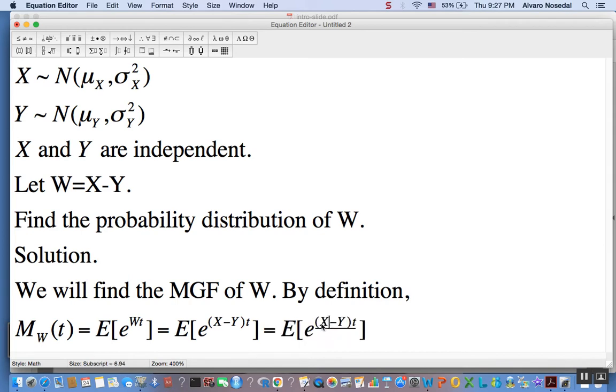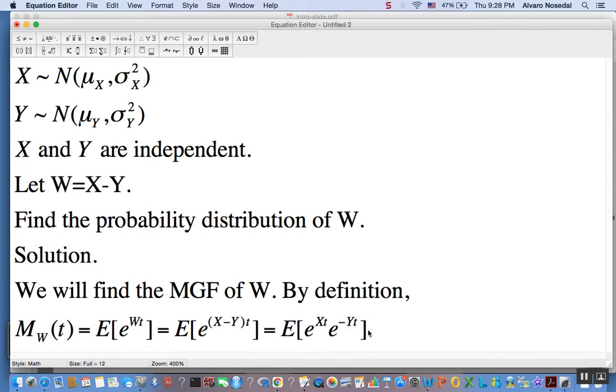The product of e to the power Xt times another exponential, and this one is just going to be e to the power minus Yt. So that exponential is the same as the product of these two exponentials.